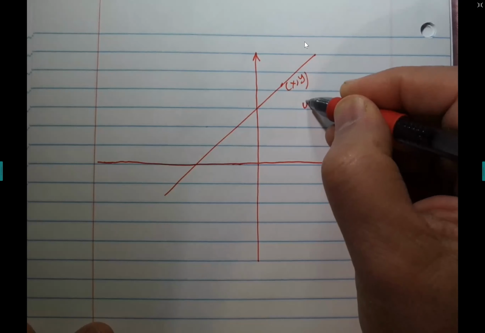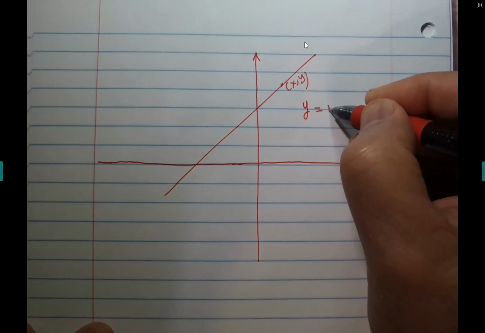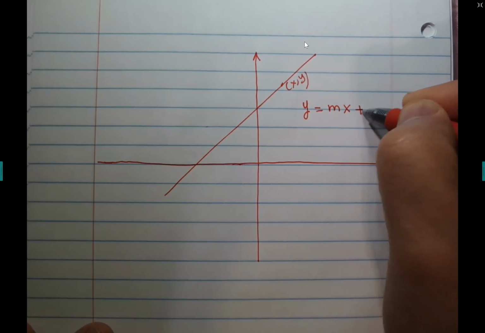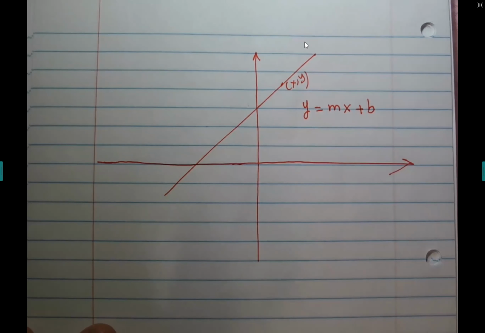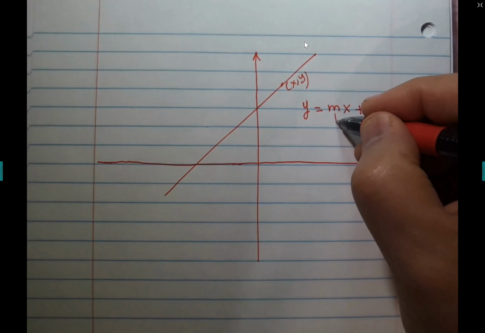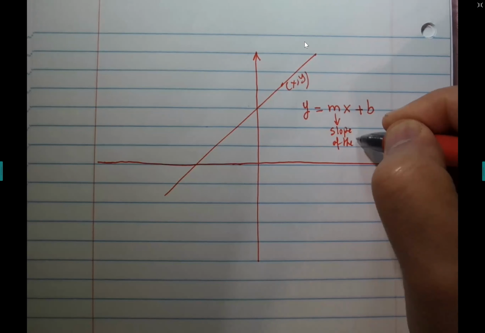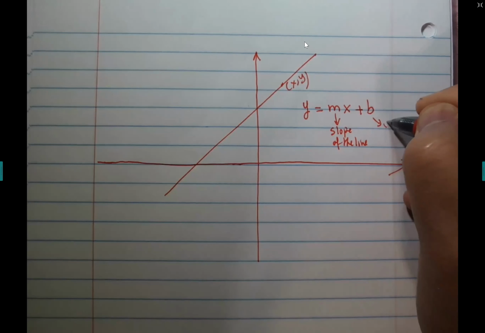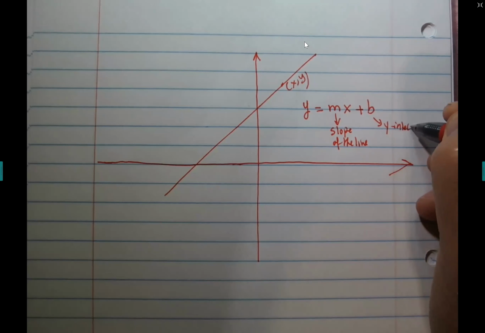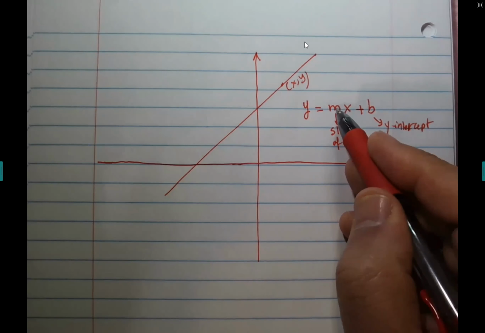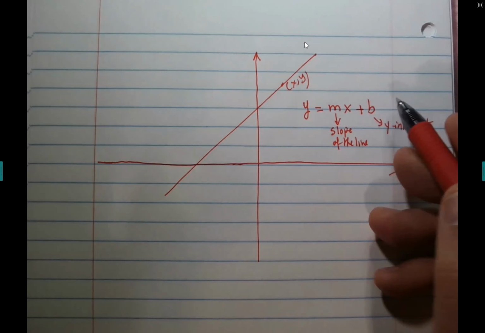And here is one way to write an equation of the line. Y equals mx plus b. The m, guys, is the slope of the line. And the b is called the y-intercept of the line. It's when the line crosses the y-axis. So if you know the slope and if you know the y-intercept, you can write the equation of a line.